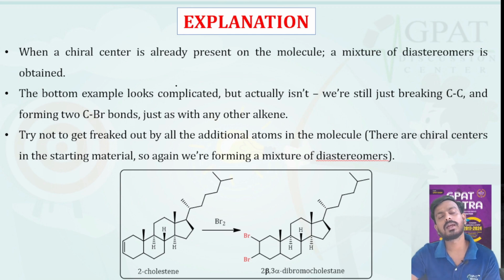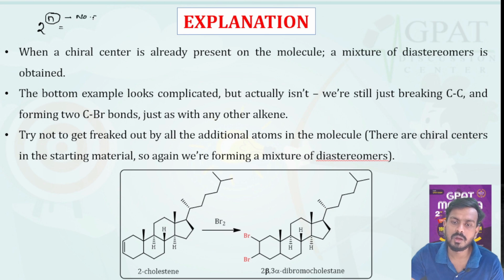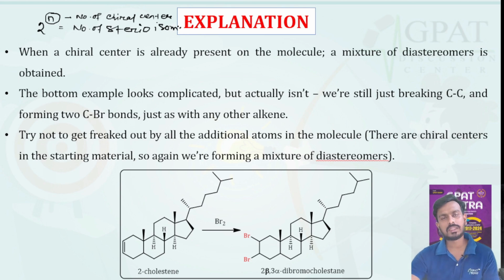When there are chiral centers present, we know the formula is 2 to the power n, where n is the number of chiral centers, and this gives the number of stereoisomers. When these stereoisomers react with bromine, they will form a mixture of diastereomers.